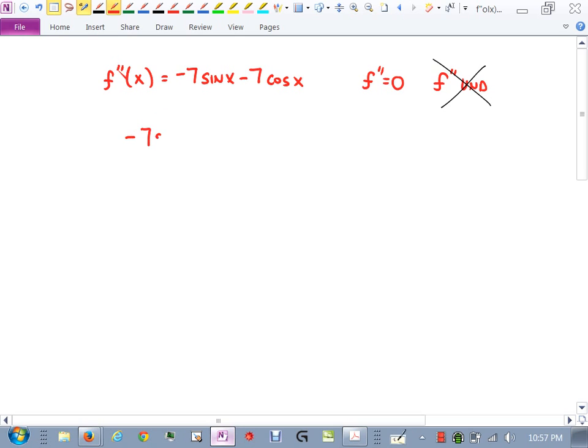So I set negative 7 sine x minus 7 cosine x equal to 0. So negative sine x equals 7 cosine x. And you can divide both sides by 7, and you get negative sine x equals cosine x. Now before, what we were saying is, when are the x and y coordinates the same?